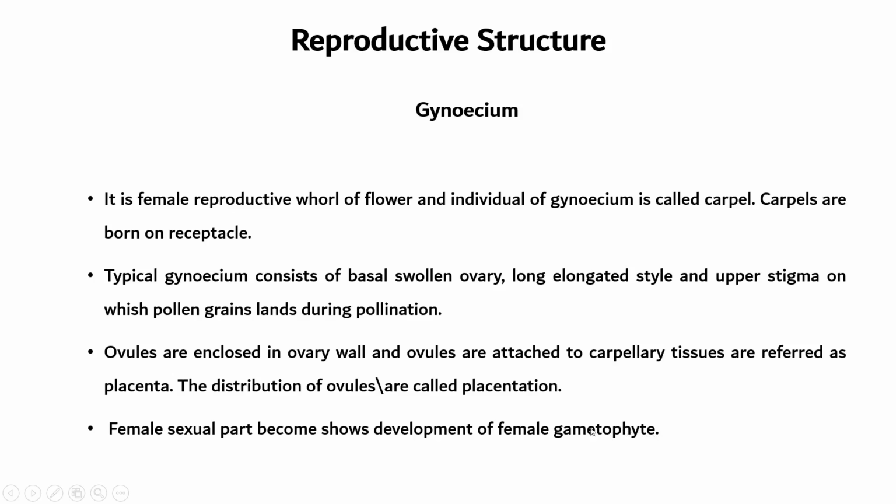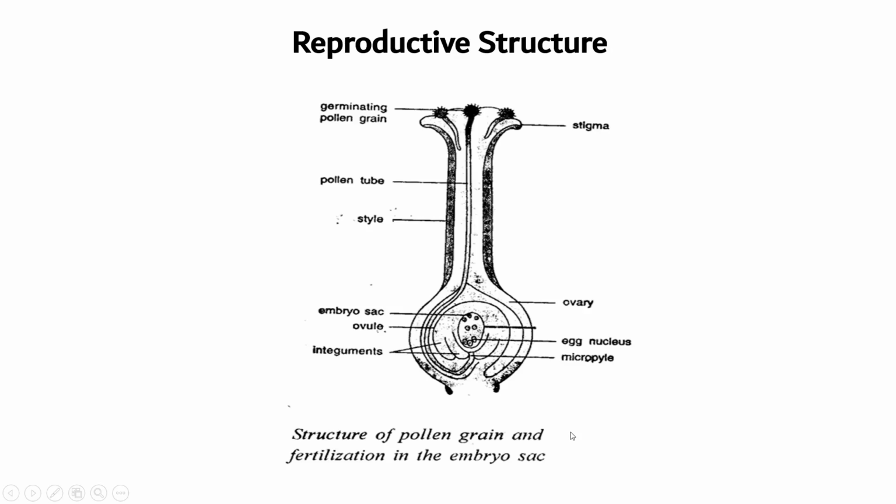We have seen in the androecium, pollen grains are responsible for the development of the male gametophyte, and here megaspores of the megasporophyll develop the female gametophyte.